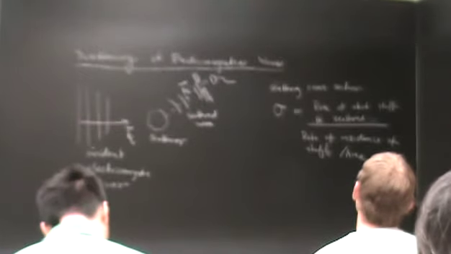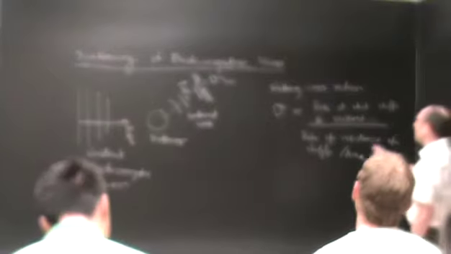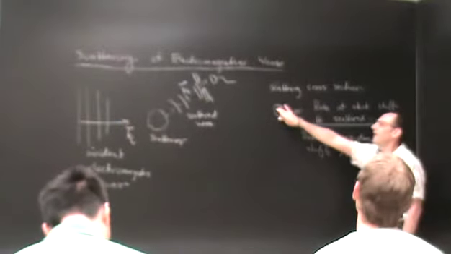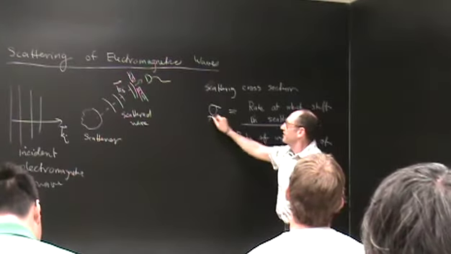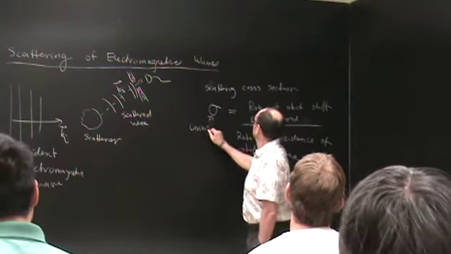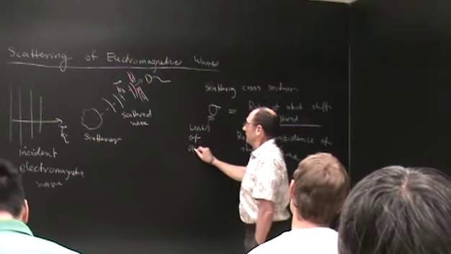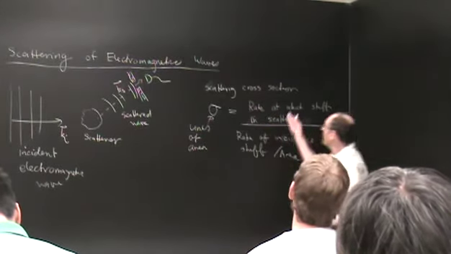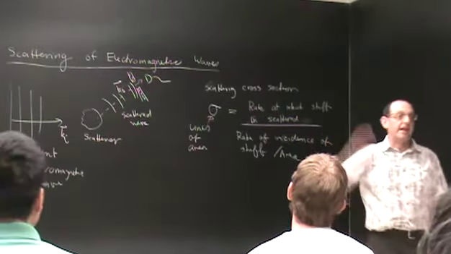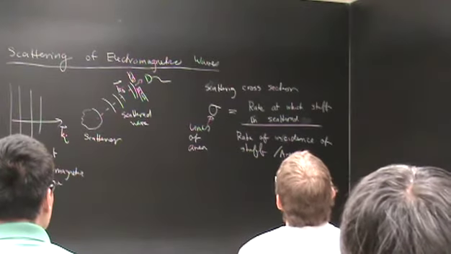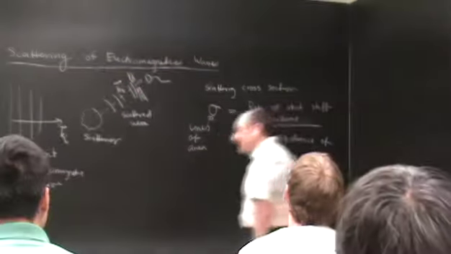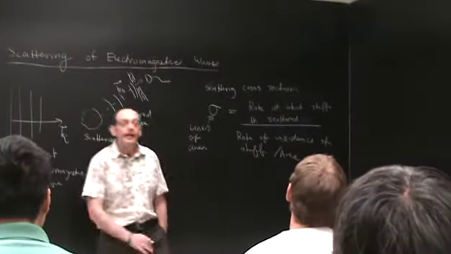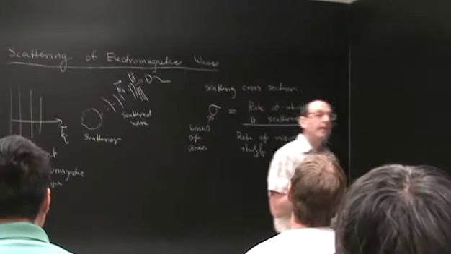So that when you multiply this by the area, the cross-sectional area, so this says units of area, then you get the rate at which stuff is scattered. Okay? So what is the stuff that's being scattered here? It's electromagnetic energy. Okay?